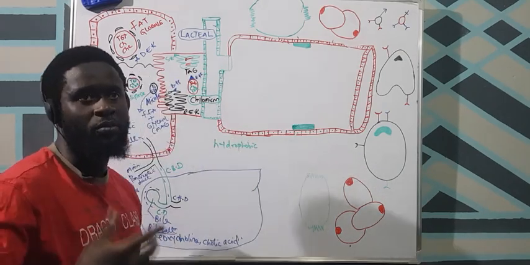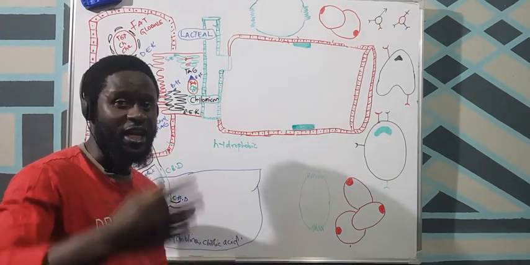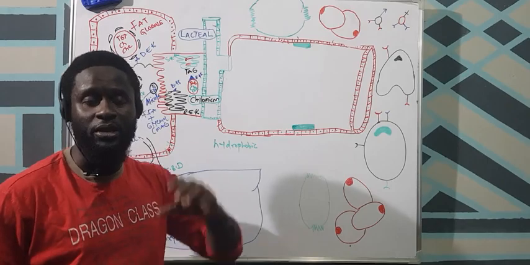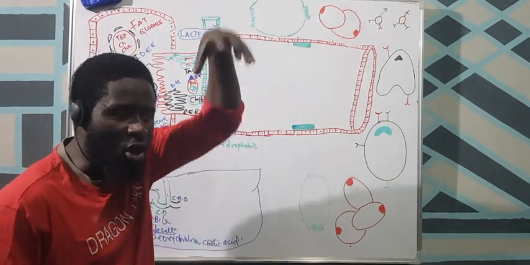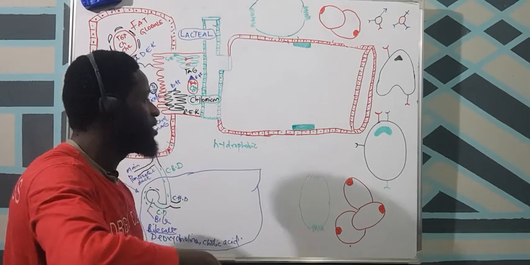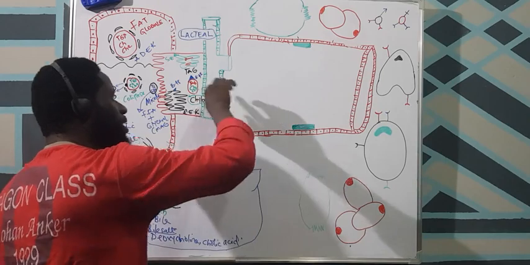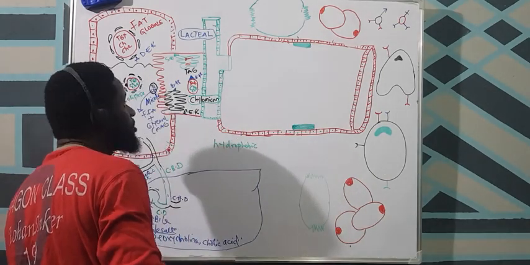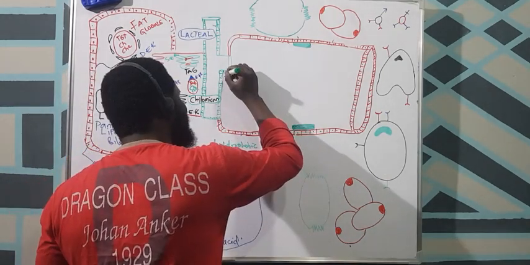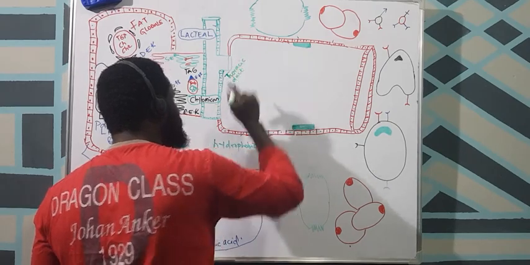If you know your anatomy very well, the subclavian vein connects with the jugular vein to form the brachiocephalic vein. On that junction is where the thoracic duct dumps this molecule called chylomicron. This is my thoracic duct.